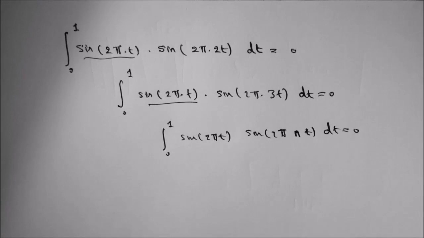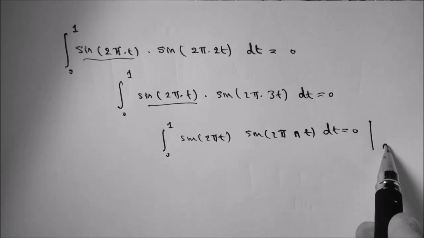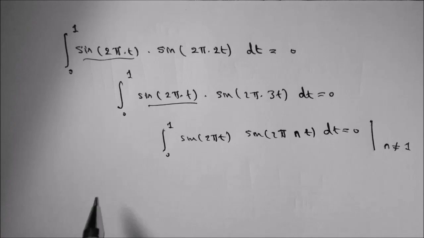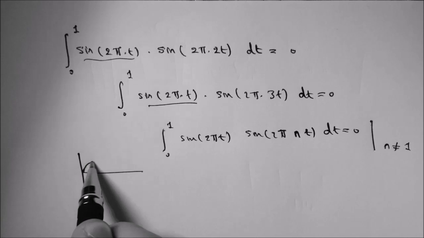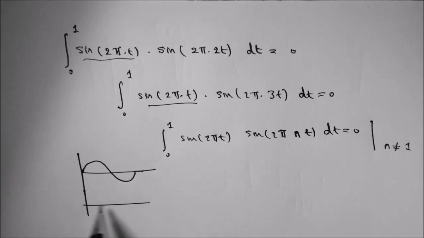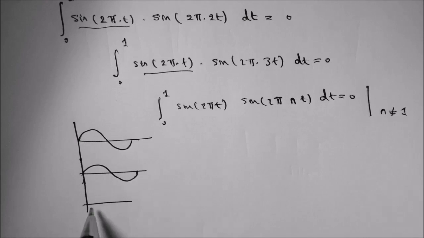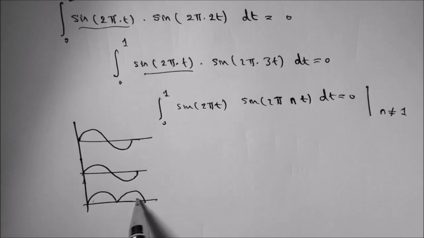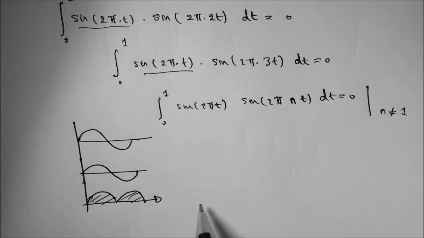You can check that analytically. Unless n equals 1. If you multiply the 1 hertz sinusoidal by itself and integrate the result, you wouldn't get 0. The area is not 0, of course. Actually, the result of integration is 0.5.